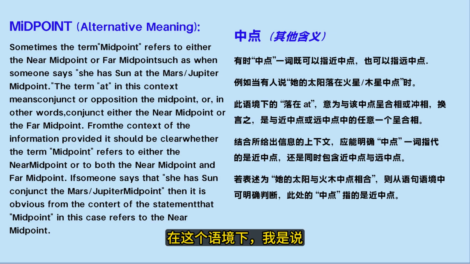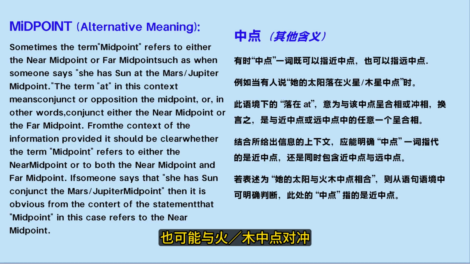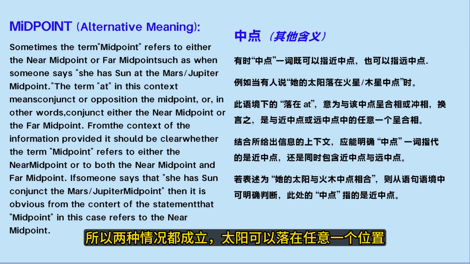In that context, I'm saying that the sun is a focal point for Mars-Jupiter, and in this context, the sun might be conjunct the Mars-Jupiter midpoint, or it might be opposition the Mars-Jupiter midpoint, right? And if it's opposition the Mars-Jupiter midpoint, that means it's conjunct the far midpoint, right? So it could be at either point.